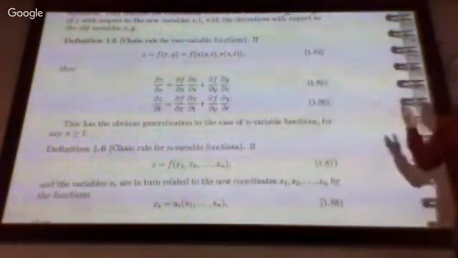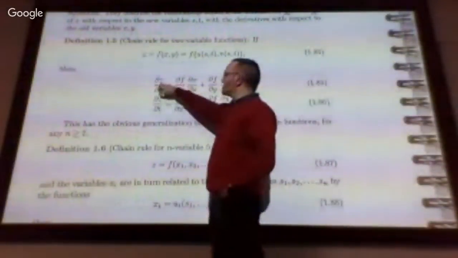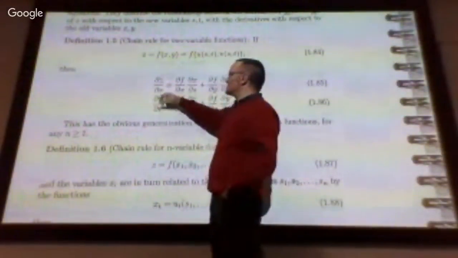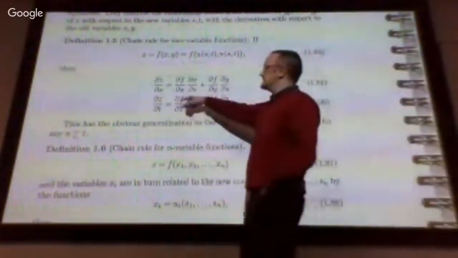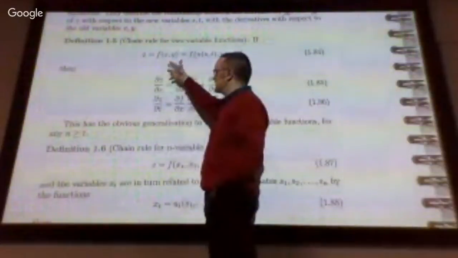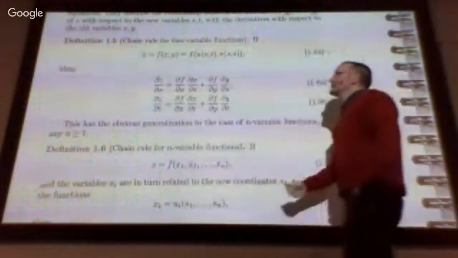The chain rule equations tell you what the partial derivatives with respect to the new system of coordinates, s and t, are. That's what's on the left: dz/ds, dz/dt, or you could read these as df/ds, df/dt, since z is equal to the value of f.